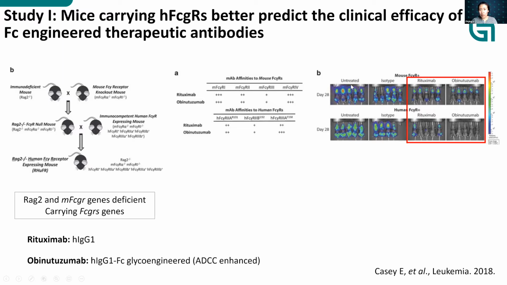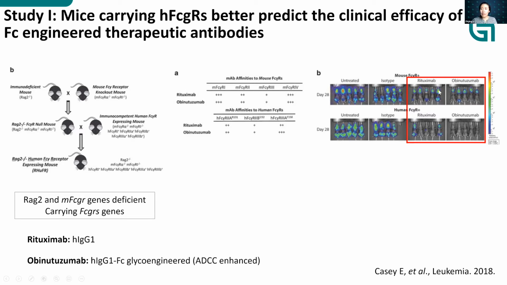They have been treated with untreated or vehicle control, or the isotype control, or rituximab, or the enhanced obinutuzumab. Similarly, the experimental mice have been treated with these 4 conditions as well. So in either one of the 2 mouse models, as you can tell, both antibodies lead to significant tumor suppression, as you can tell by the fluorescence, right?